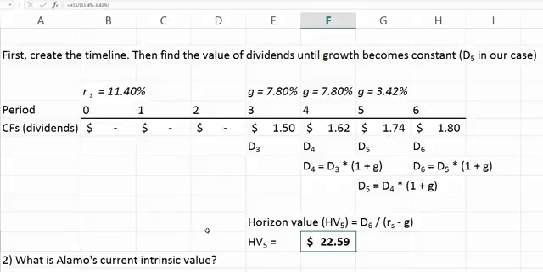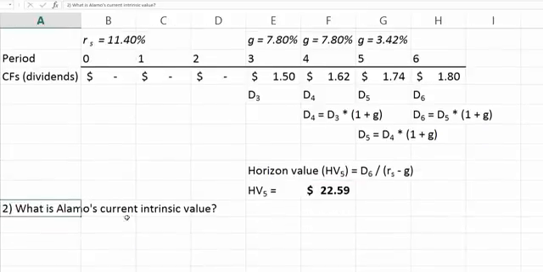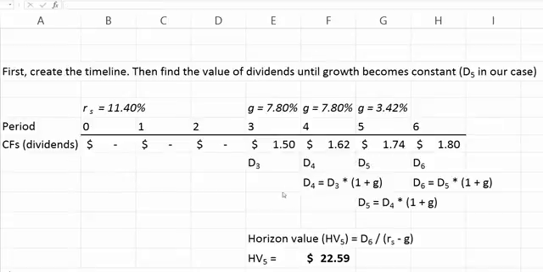Then we need to find what's the current intrinsic value. So in this case, we need to find the present value of these future dividends. Remember, we have to use D3, D4, D5, because these are part of the value of the company. We also have to find the present value of the horizon value, or the value of the company once growth becomes constant.